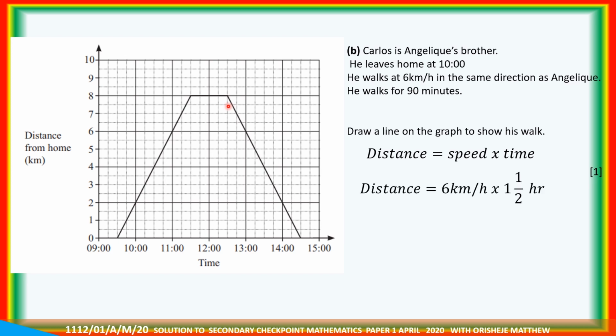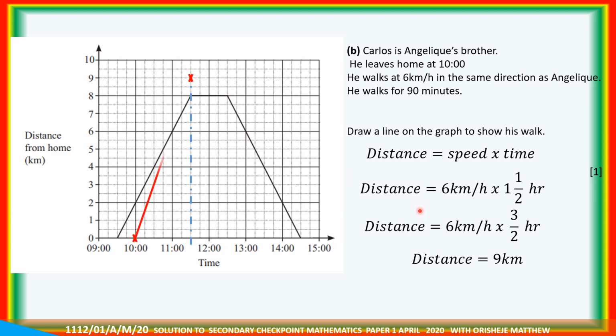He was walking 6 kilometers every 1 hour, and he walked for 1.5 hours. So that will give me 6 multiplied by 3 over 2, that is 18 divided by 2, which gives me 9 kilometers. So he walks 9 kilometers starting from 10. From here we have the first point, and then 9 kilometers will be this second point. So you connect those two points with a straight line.